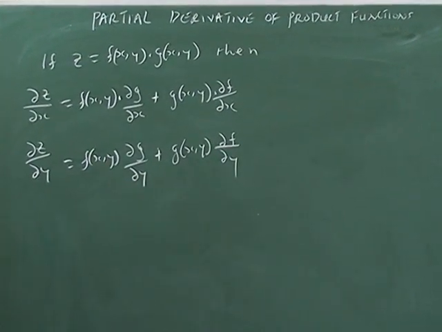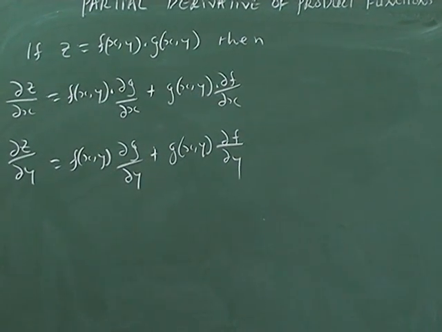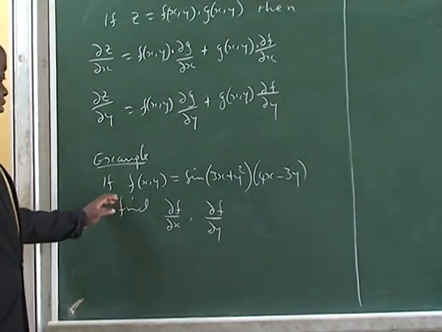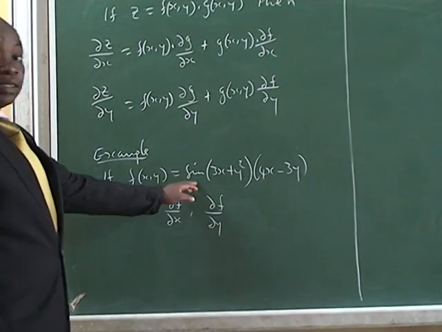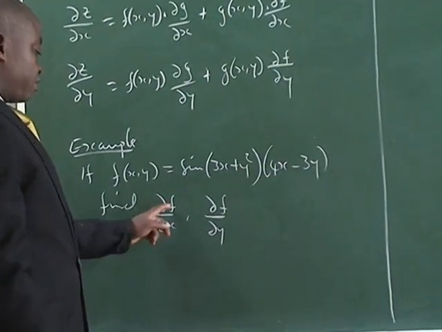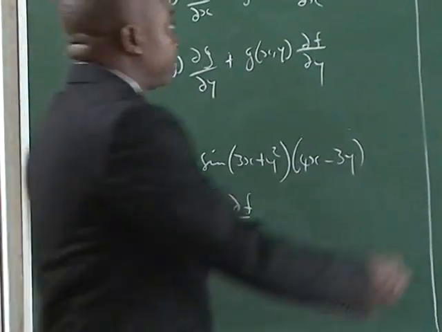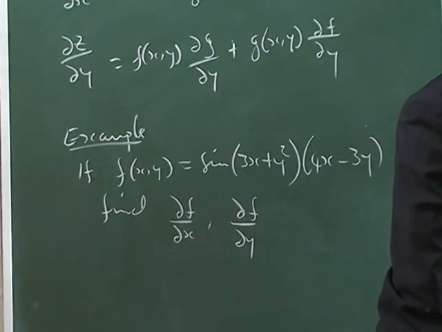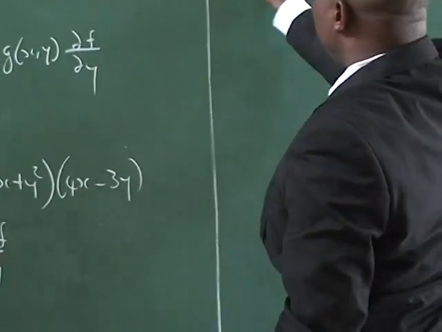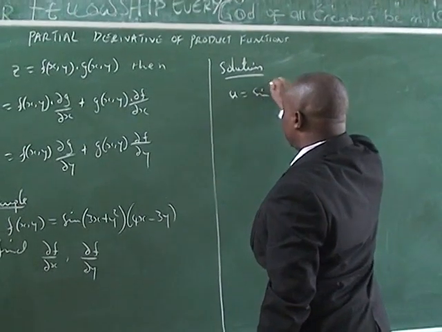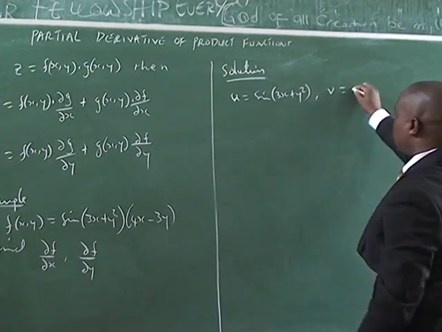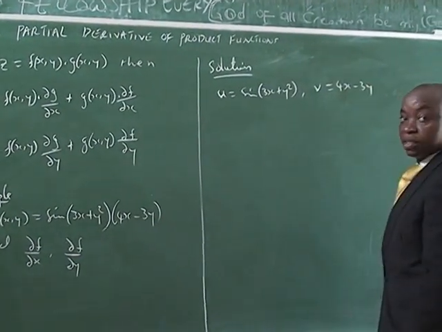Now let's pick an example and see how we can evaluate it. Example: if f of xy is equal to sine 3x plus y squared times 4x minus 3y, find partial f partial x and partial f partial y. Here u is equal sine 3x plus y squared. V of xy is 4x minus 3y.